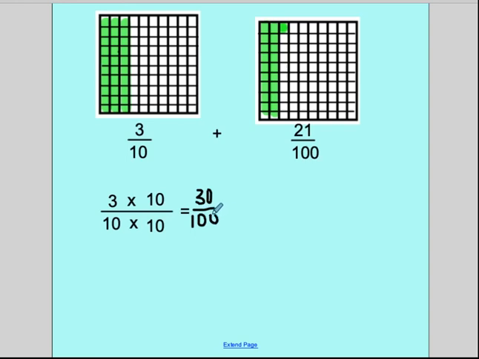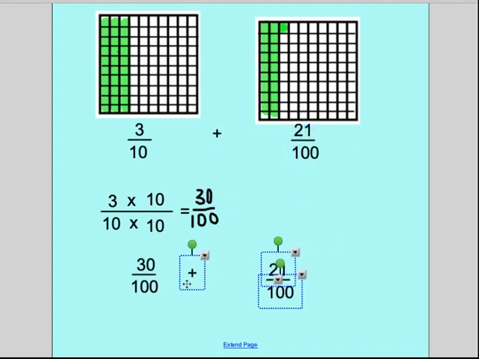So now that we have 30 100ths, now we can put these together because all the pieces are the same size, right? So let's do it. I'm going to just start a little fresh thing down here. We're going to make this into 30 100ths. And then let's do plus 21 hundredths.